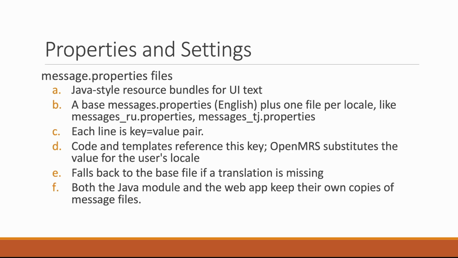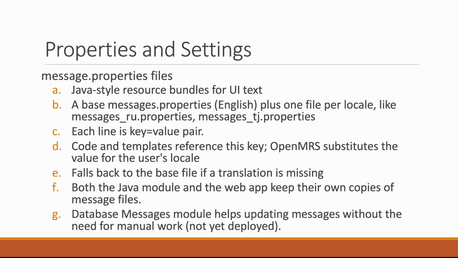So if you make any change to the module file, exactly the same change has to be made in the web project's file. The same file must have two identical copies, in the module's code as well as on the web. I will see if this can be resolved using this new module called the database messages module.